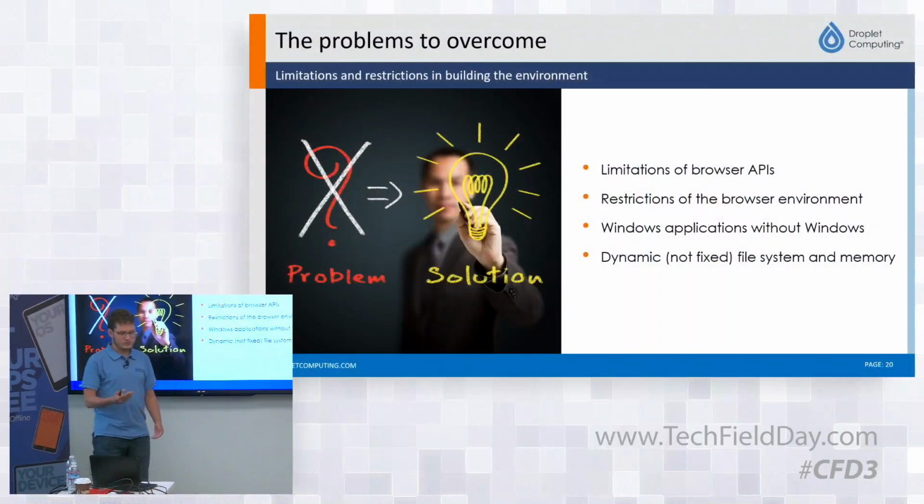So what problems have we overcome, and are we overcoming with this? The browser APIs are quite different from directly talking to hardware, and they're also quite different from talking to an operating system. They're quite limited, and the browser environment is also limited. This is sort of a curse, but it also is a feature in a sense that the browser is a sandbox, right?